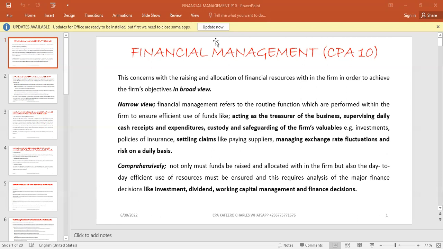And to give you a brief of what we are going to be looking at, we are going to look at the major finance decisions. We look at them in details. Some of them we shall even go into their computation, like the capital budgeting decision, that's the investment decision. We are going to look at each and everything, and those are the components that are making up financial management.